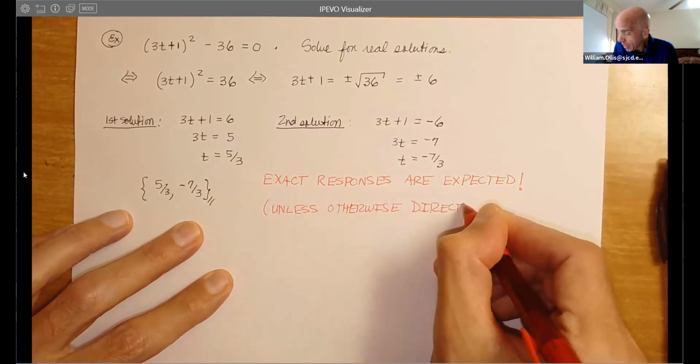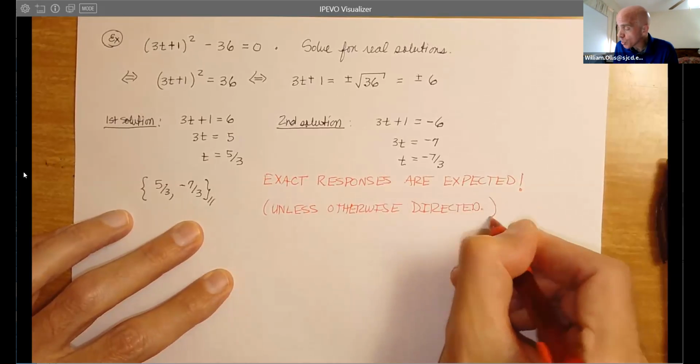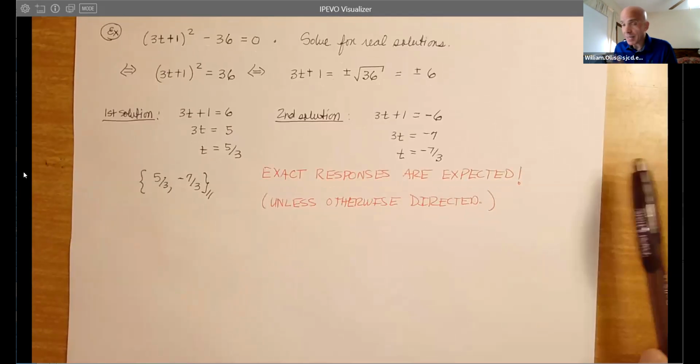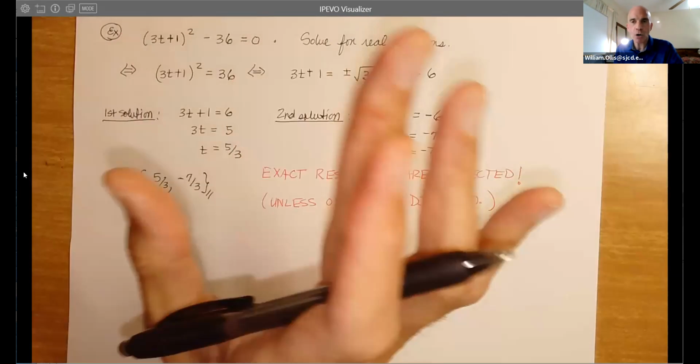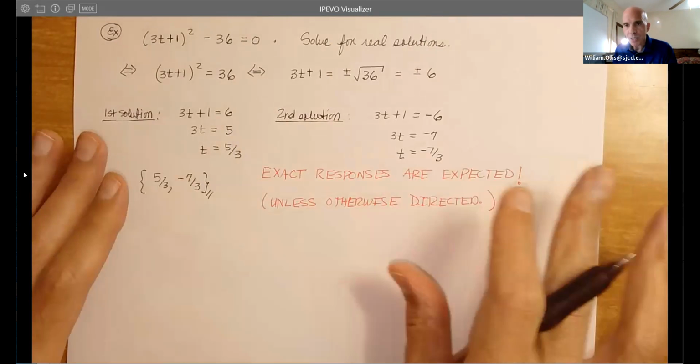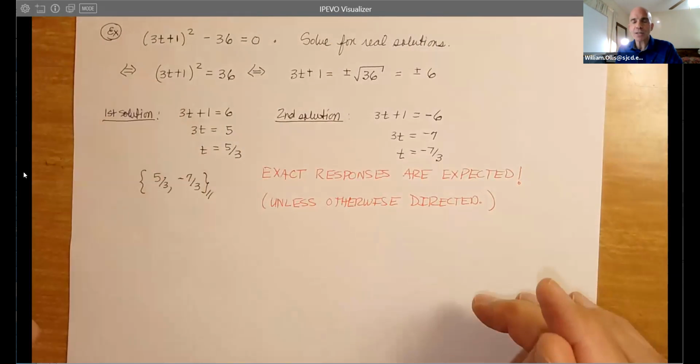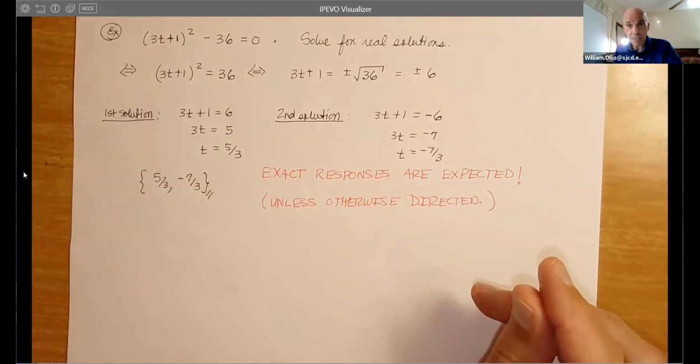So you might have a problem, say you're doing an application with growth and decay, and they say round to the nearest whole number. You do your work exactly, and then you do an approximation because it was requested.